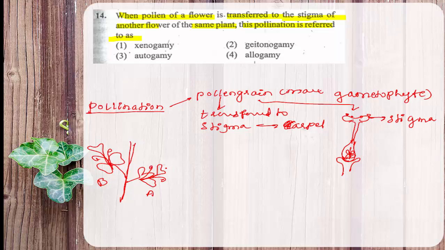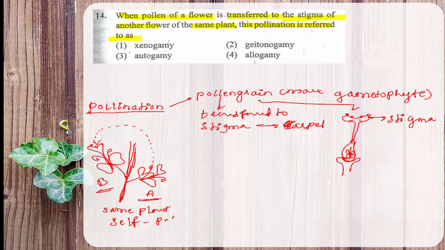The pollen grains of one flower are transferred to the stigma of another flower. If we take the flowers as A and B here, from A flower the pollen grains are transferred to the stigma of B flower. But what is the condition? Both the flowers are produced in the same plant.